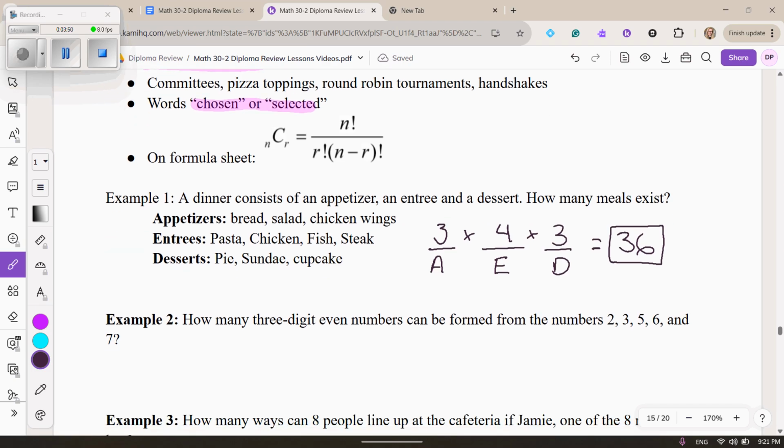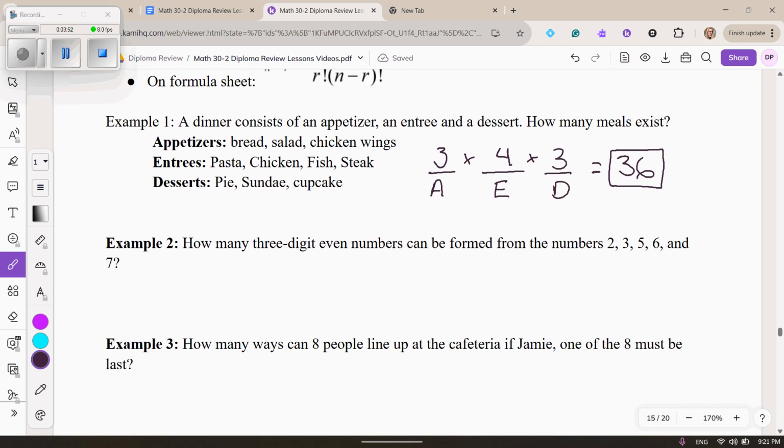Example number 2, how many 3-digit even numbers can be formed from the numbers 2, 3, 5, 6, and 7? So this is an example of permutations. However, the fundamental counting principle can be used for it. So basically, we are selecting 3 items because it is a 3-digit number.